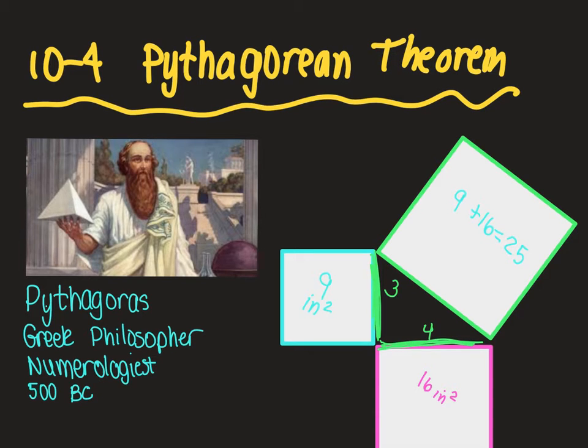So the area of that square will be 25. This side right here of that would be 5 inches. But isn't that interesting that the area is always the sum of these two. Whatever these two add up to be will always be that third square if this is a right triangle. So Pythagoras gets credit for noticing this pattern.